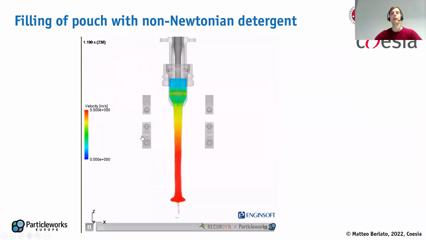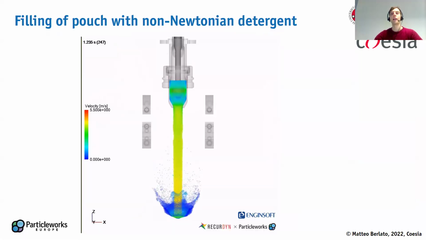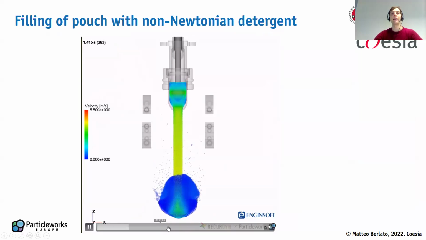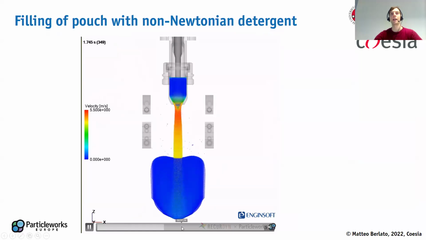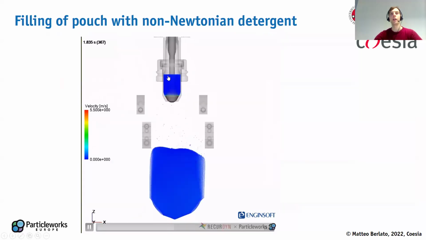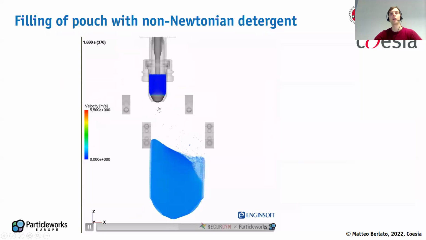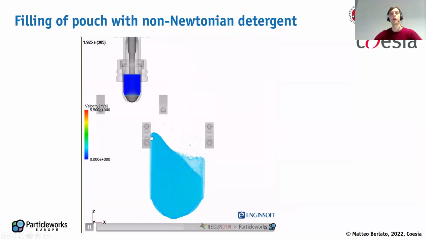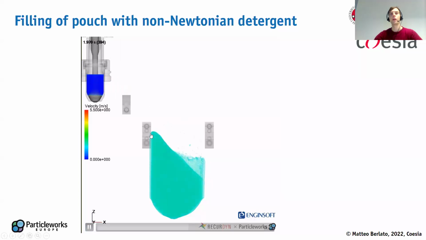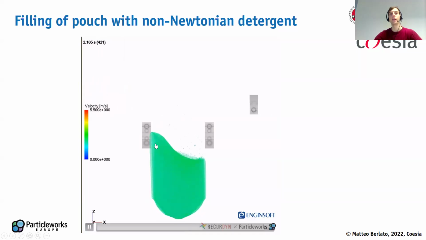analyzed. Here is another visualization of the flow, especially in the filling with the velocity field. And I think it's very clean and interesting, especially the sloshing part. So, okay, the filling finish. We have the closing of the nozzle, and then we have the sloshing of the detergent with some residues sticking on the walls.